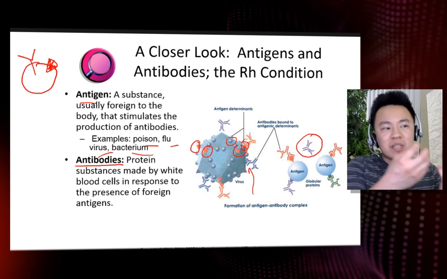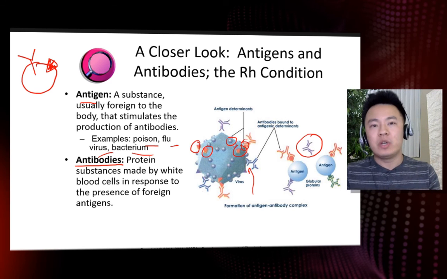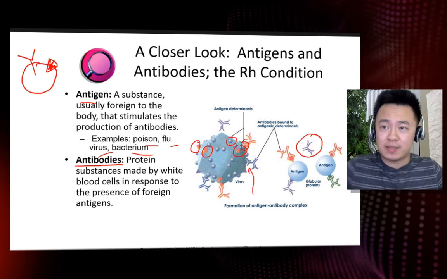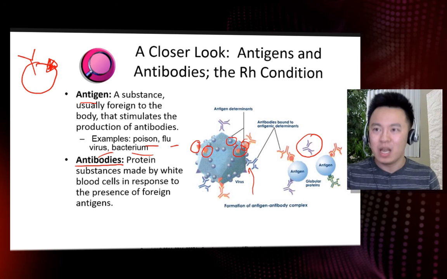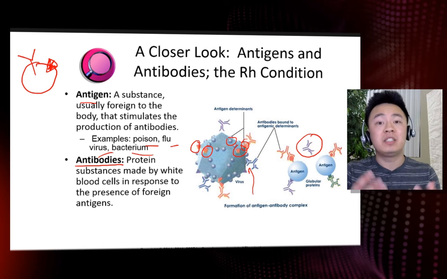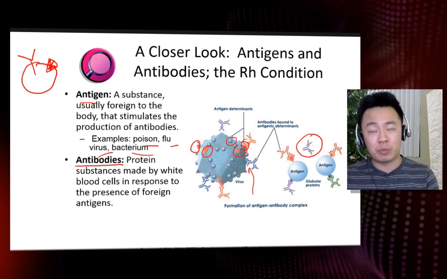But if blood type A gets injected into another person that is also blood type A, no immune response. So technically, per the definition, it is not considered an antigen because it did not cause the production of antibodies in this particular person.